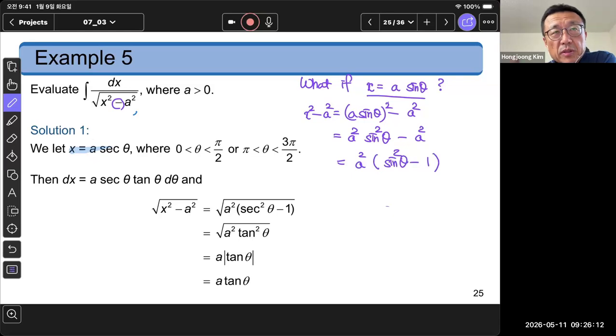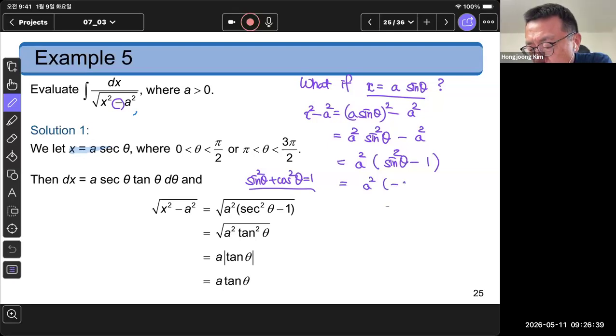Now, sine theta squared plus cosine theta squared makes 1, right? So if I subtract 1 from sine theta squared, what do I get? You get negative cosine theta squared.